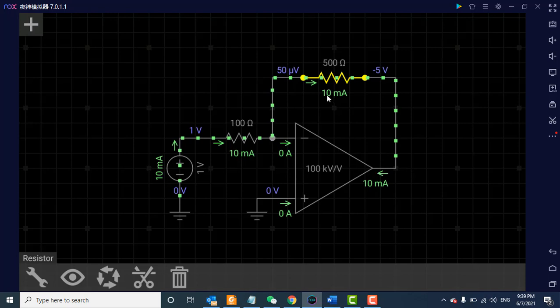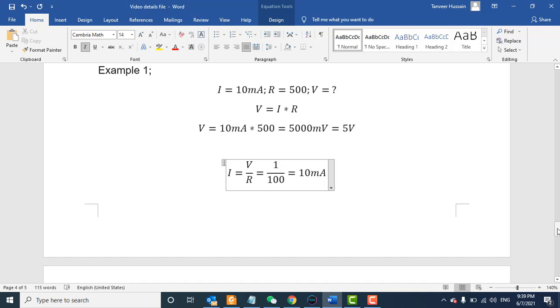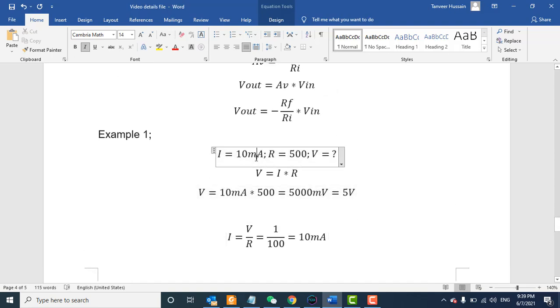Current is 10 milliamps, resistance is 500 ohm, and the voltage is how much? As I explained in the last video about Ohm's law, here you can directly use Ohm's law. V is equal to I into R. So if you put the values of I and R, you will see 5 volt.